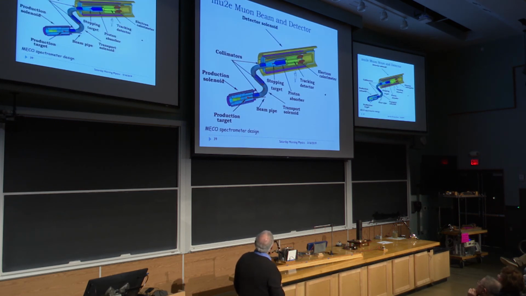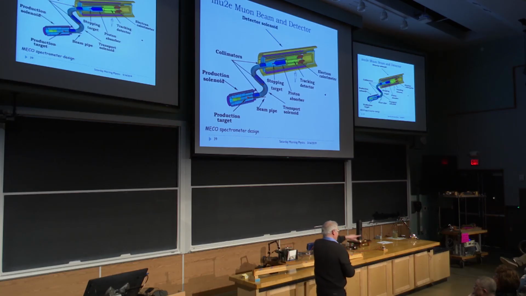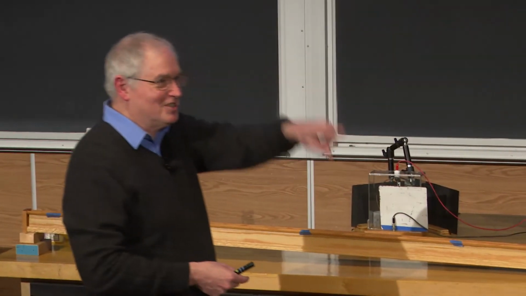So how do we do this? Well, first of all, we bring in a beam of protons into what's called a production target. And here we make pions. The pions then come out and they spiral in this magnetic field, but this magnetic field is getting stronger as you go this way. So these pions are spiraling in the magnetic field, but the magnetic field's getting stronger and it pushes them back.